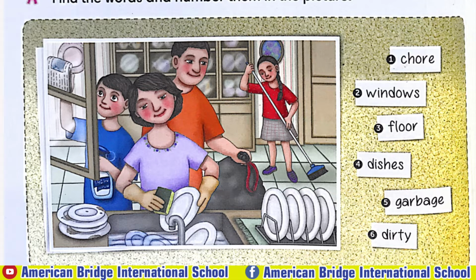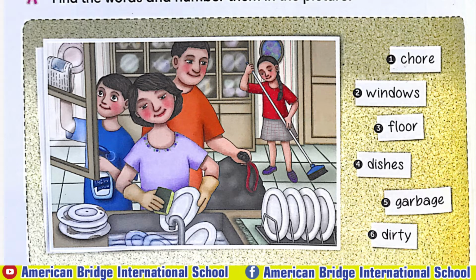And the word floor. Have you ever heard the term floor before? What does it mean? It is the lower surface of a room that you can walk on. And this is dishes. It is a container that you use for cooking or serving food.